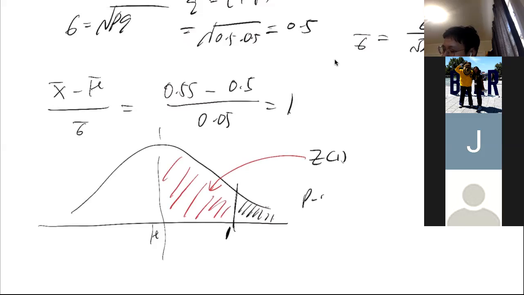So the p-value is equal to half minus z of 1, which is half minus 0.3413. Z of 1 is 0.3413 by checking the z table. The result of that is 0.1587.